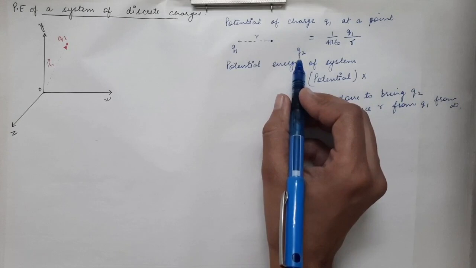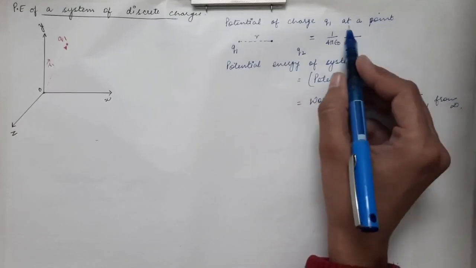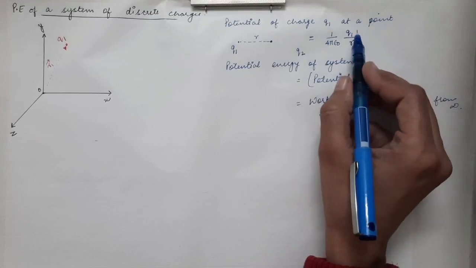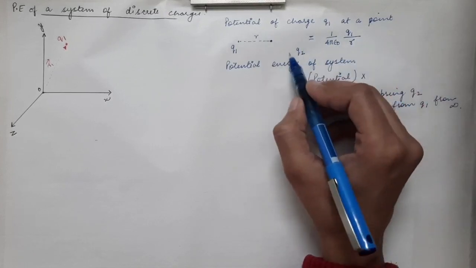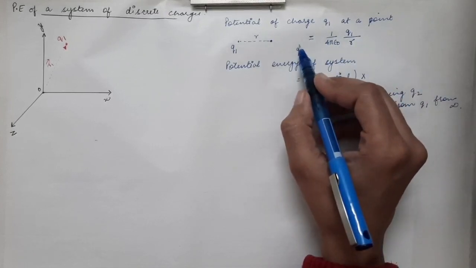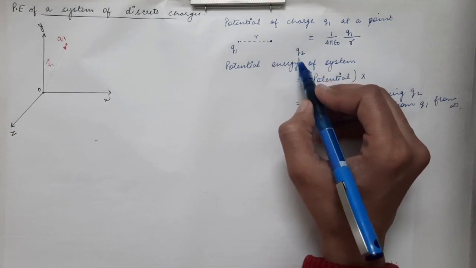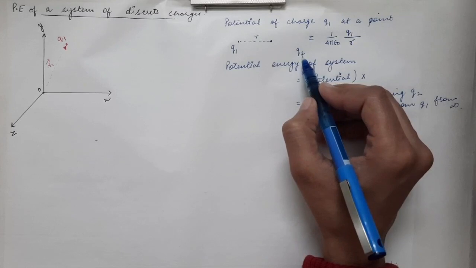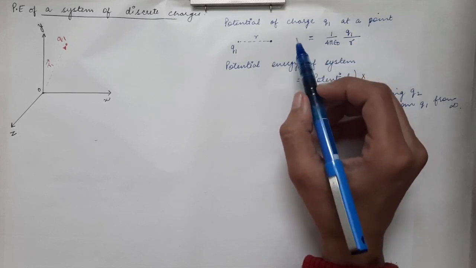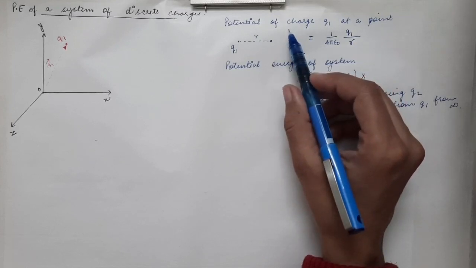So what will be the work done in that case? That will be nothing but equal to the work done to bring a unit test charge times the magnitude of the test charge. So now in this second case, the magnitude of the test charge is Q2 instead of 1. Earlier, the magnitude of the test charge was taken as 1.